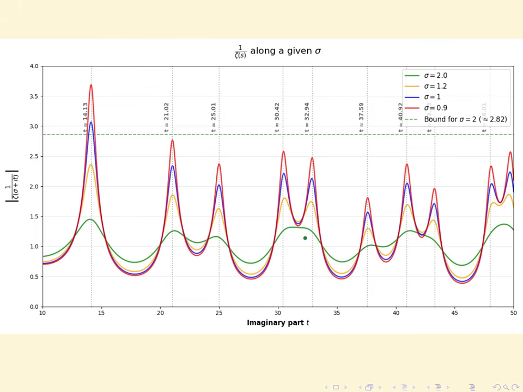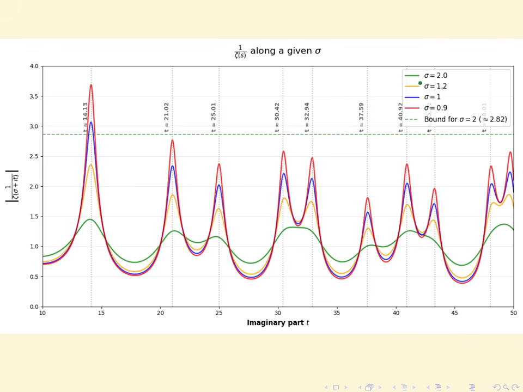And what we proved today is that if you look at this blue line, sigma equals 1, this blue line goes like this and does this. And at least in this part of the graph where I've drawn, it looks like it's bounded, but we actually proved that this is unbounded. So if you go to very, very large values of t, then this blue graph will exceed any number that you chose.